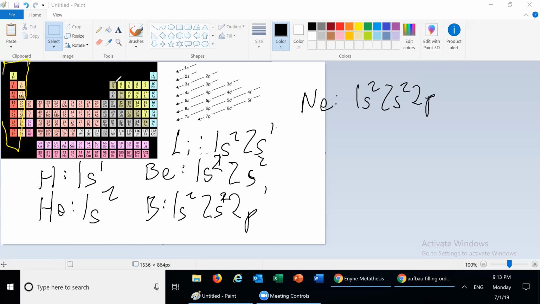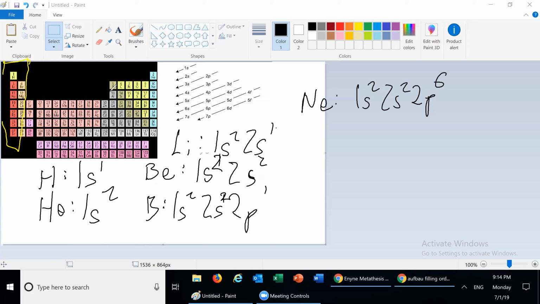Boron is 1 p electron, right? With boron, we put 1 electron into the p orbitals. Now for carbon, we add another electron, then another, and another, so that's 6 electrons, right? There can be 6 electrons in 2p. So now the 2p orbitals are filled.